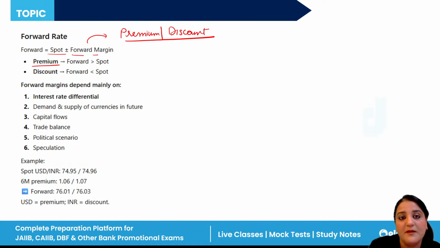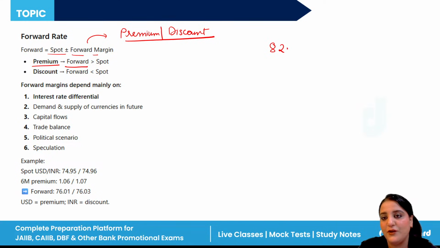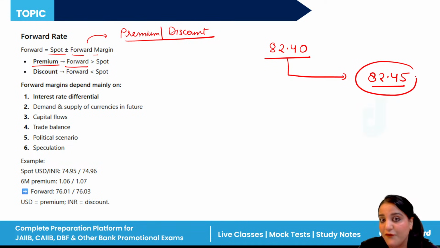Premium is basically when forward is greater than spot. If someone locks the deal today at 80.40 paise, after 1 month it becomes 82.45 paise. So you can see the forward rate is greater than this price, that means this is the premium.